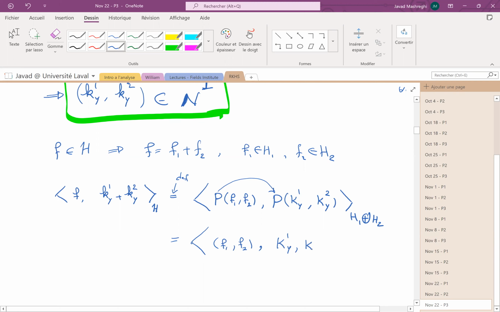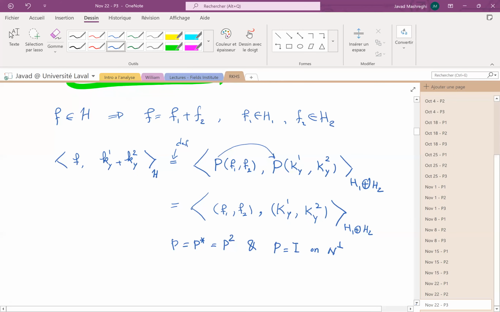So here I can write the inner product of (f1, f2) and (k_y^1, k_y^2) in H1 plus H2. I use the fact that P equals P star equals P squared, and also the fact that P is equal to identity on N perp, because it's a projection on N perp, and that element is in N perp. So these are all used here to remove P. And then we continue.